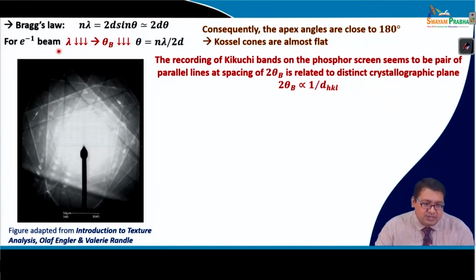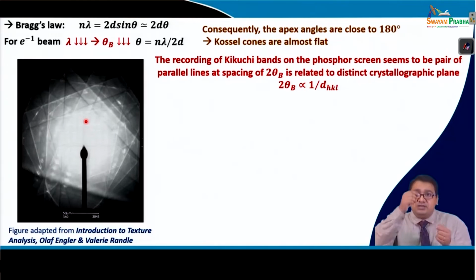And if the distance between the sample and the phosphor screen is properly calibrated, then the thickness of each of these bands could be related to 2 theta B, right. But a proper calibration is needed, and once it is calibrated, we can relate each thickness to 2 theta B.